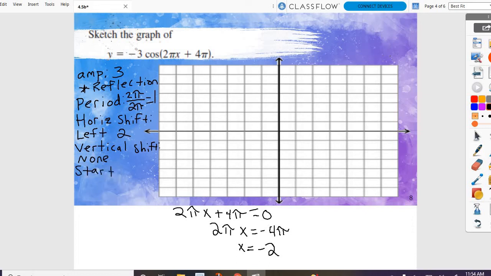Now, where will our starting spot be? We just found it. Where are we going to start? Negative 2. And then how do we find the ending spot? So -2 plus 1 gives us -1.